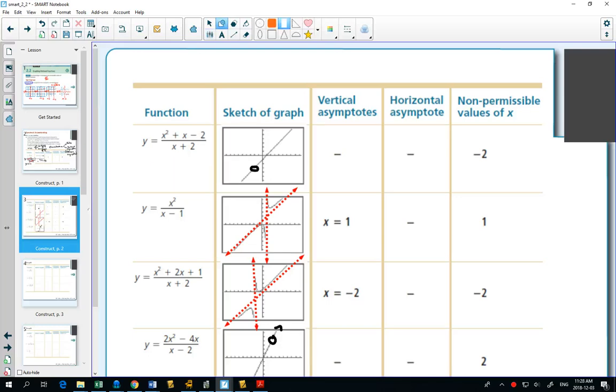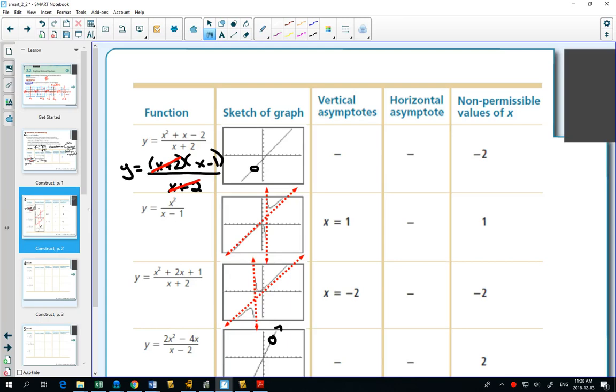The second equation also has a hole. Can we simplify this one? Can you factor the top? It would be x plus 2, x minus 1. And then the x plus 2's would simplify.